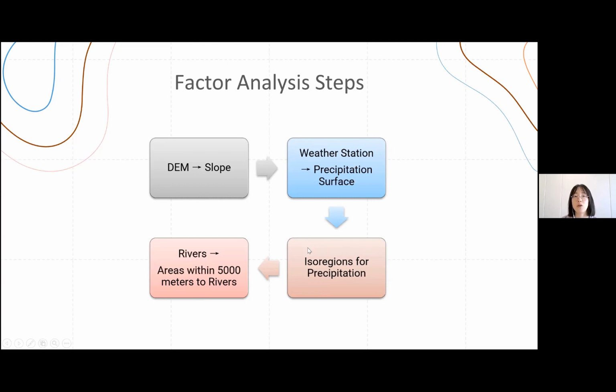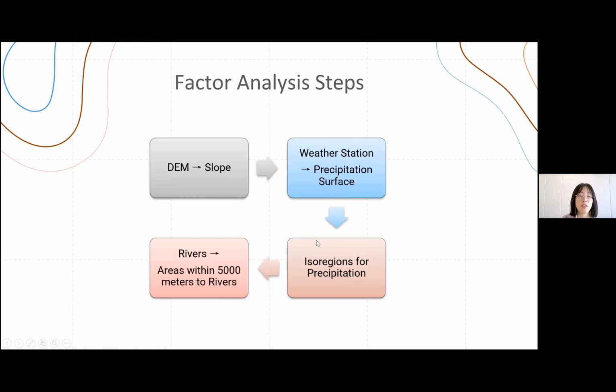And then if you want to have a further look into the distribution of precipitation values in the whole study area, we can generate ISO regions for precipitation. So these ISO regions will not be used in our final evaluation or assessment, but they can help you have a better understanding of the data we just produced.